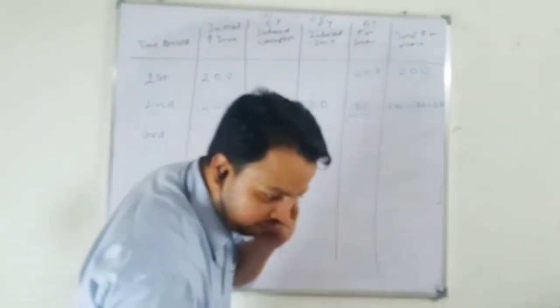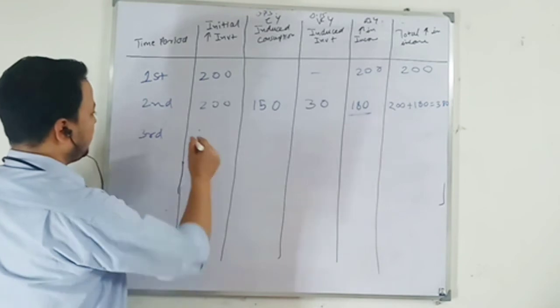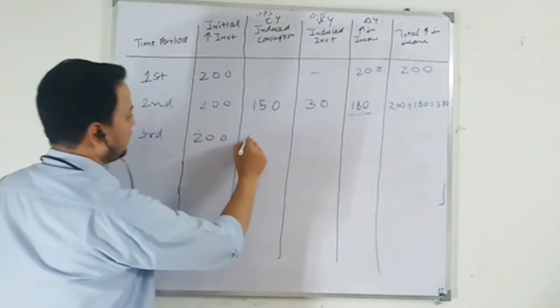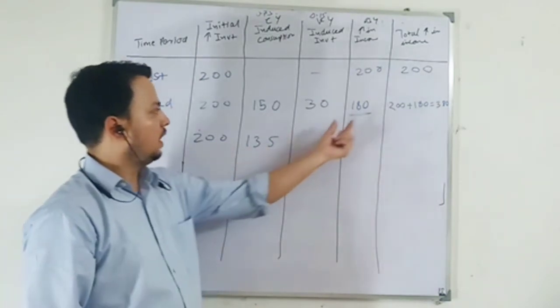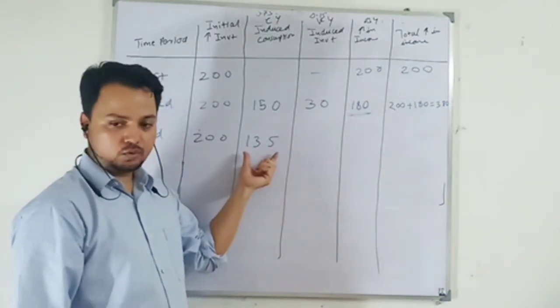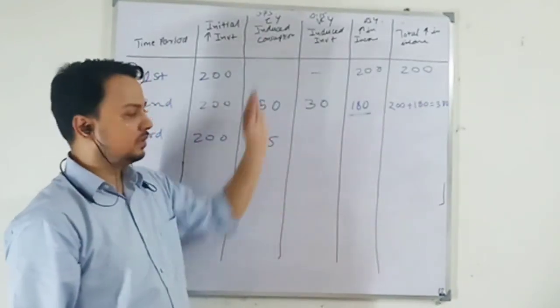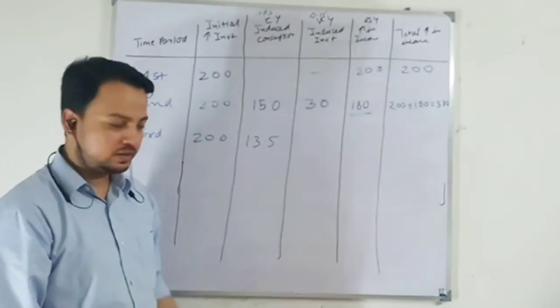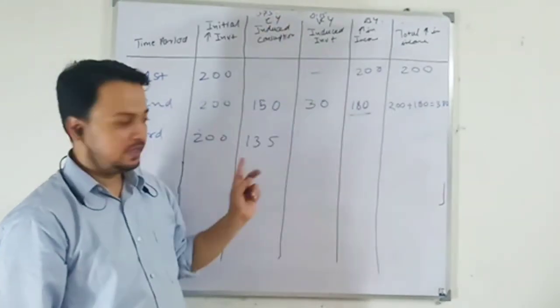This 200 will remain the same, because I am looking at the impact of the initial investment. For 200 it would be 150, for 20 you remove 15, so it will be 135. 0.75 multiplied by 180 gives 135.